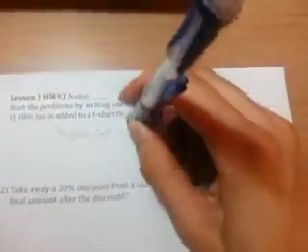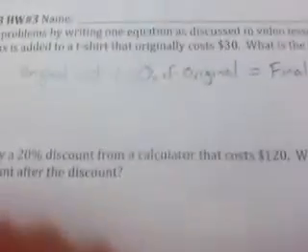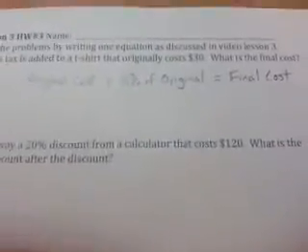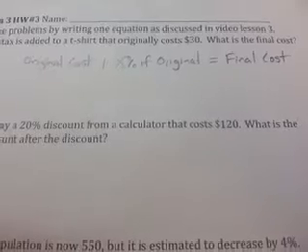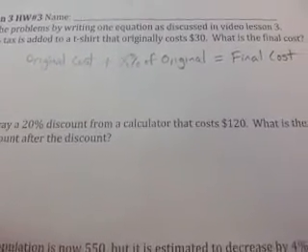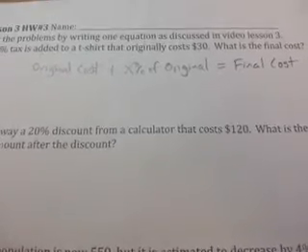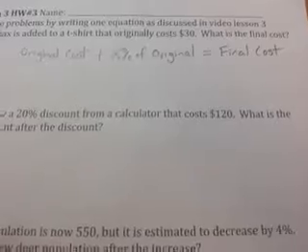Actually, technically, I should start with the formula, so I don't know what percent it is. I should put X percent. I erased that 10% because the idea is that this is my formula, and I'm going to fill in whatever information I do know, and whatever I don't know, I'm going to give it a variable.